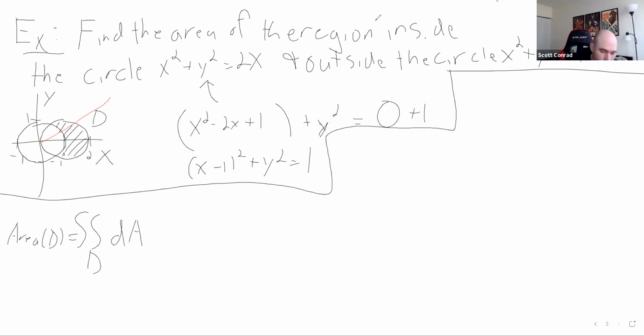So the first thing we hit is the piece of the circle centered at the origin. Does everyone see that's the first thing the line hits as we move out from the origin, as r is increasing?